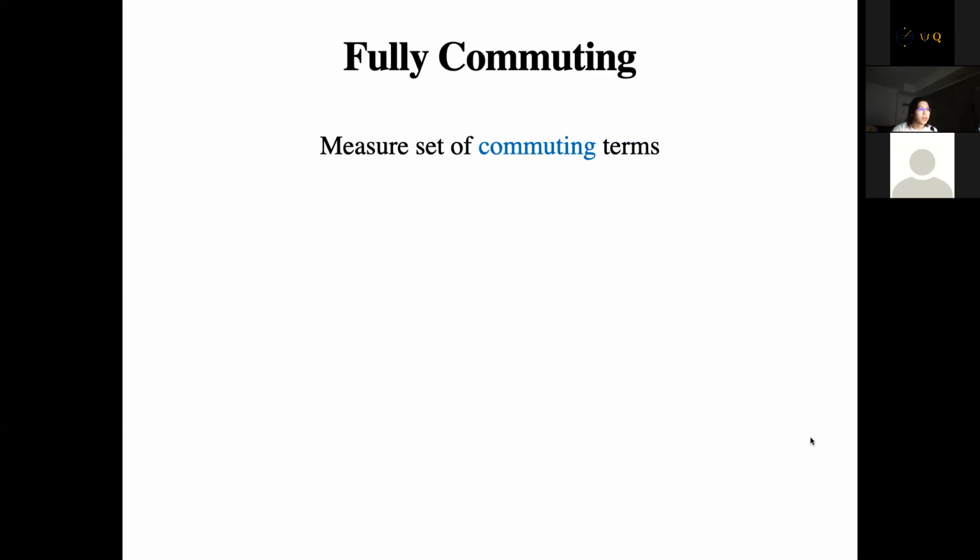These sets of commuting terms are slightly different from requiring the terms to be qubit-wise commuting. Because you can imagine that if terms commute on each qubit, then the terms that are qubit-wise commuting have to commute. But the reverse is not true. The commuting terms don't have to qubit-wise commute.